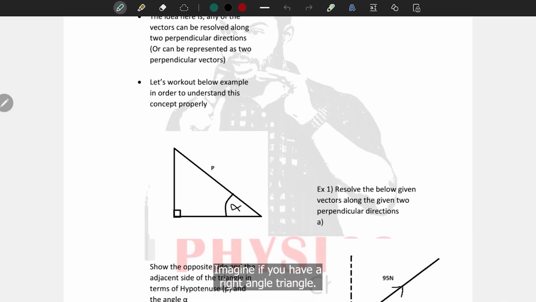Imagine you have a right angle triangle. Completely forget what we have just discussed; instead, now there's a triangle here. This is the hypotenuse of the triangle, and the length of the hypotenuse is P. Imagine you are expected to find the length of the opposite side of the triangle with respect to the alpha angle, and the adjacent side of this triangle.